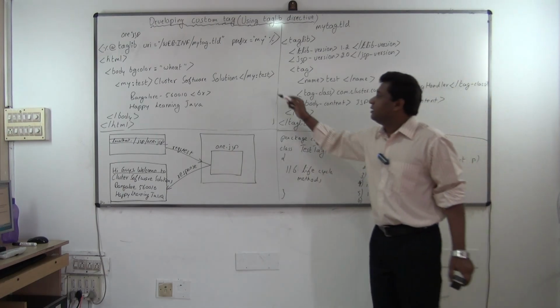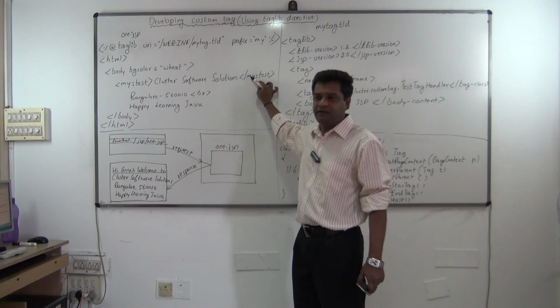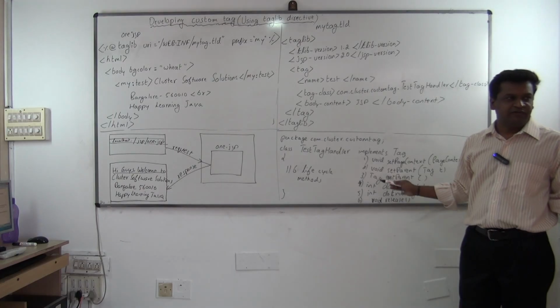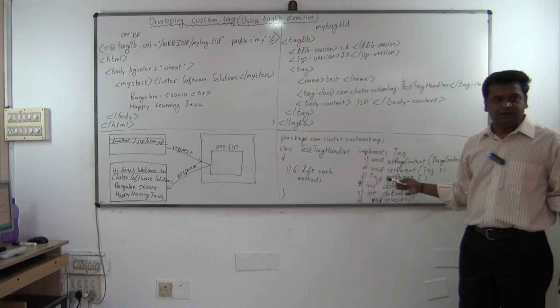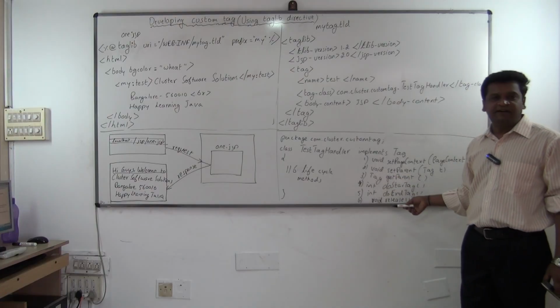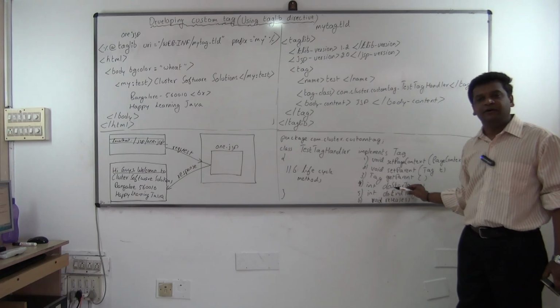Understood? And when it reaches the end of the tag, if you want to write any logic then, you'll write it in doEndTag. So they have given you some methods for supporting your tag. Other methods also I'll tell you, but the most important methods where we write our logic will be doStartTag and doEndTag.